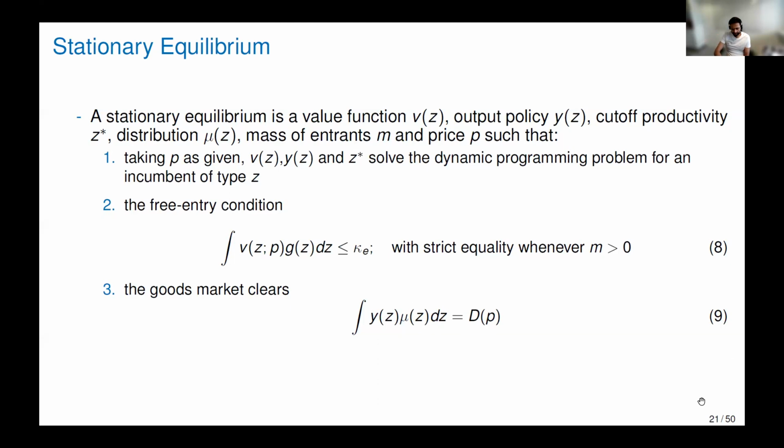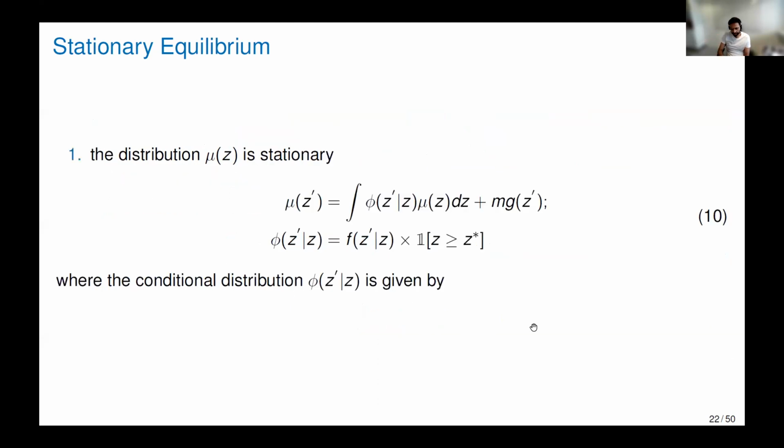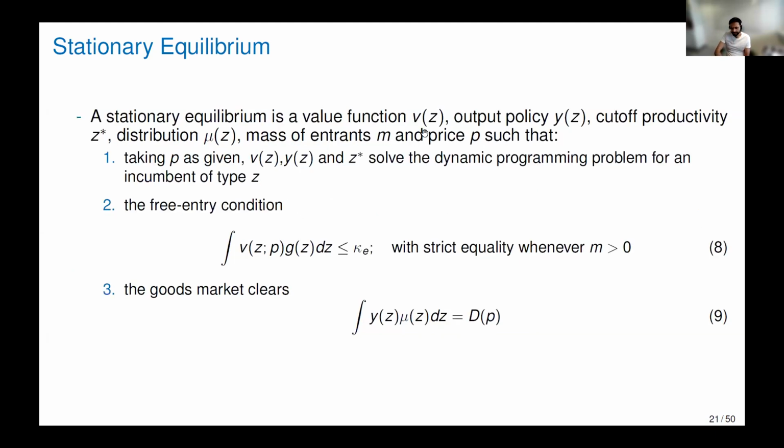Let me then tell you a few logistics of the stationary equilibria. Remember, in stationary equilibria, we need to know the value of the firm, which is the discounted sum of future profits. We will always know the output, because that is the amount that I want to produce, conditional on my productivity.